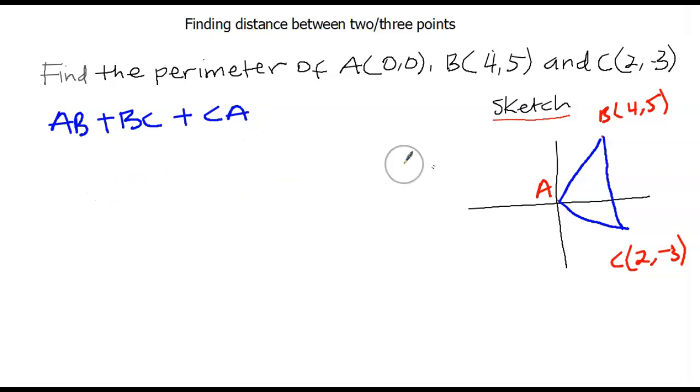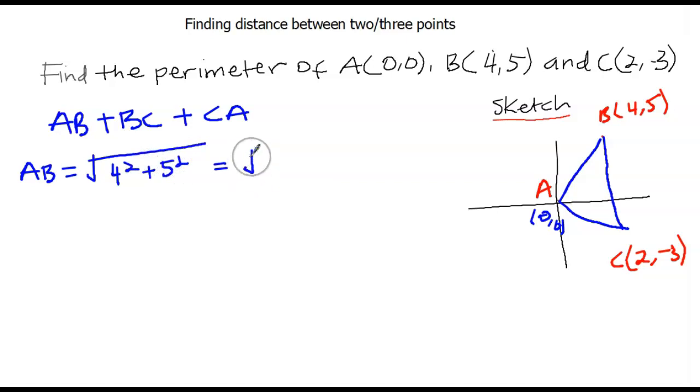As here is 0, 0, we have 0, 0 here. So the distance between AB is just going to be 4 squared plus 5 squared. It's going to give us 16 plus 25. It's going to be square root of 41.